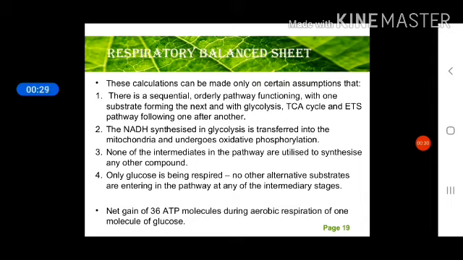So today we will discuss how much ATP is obtained through the various steps of respiration, which is known as the respiratory balance sheet.